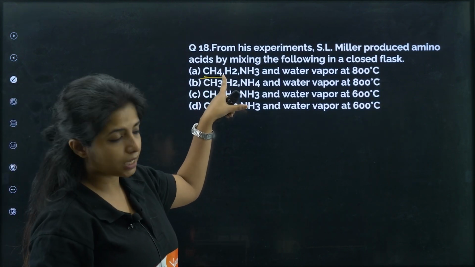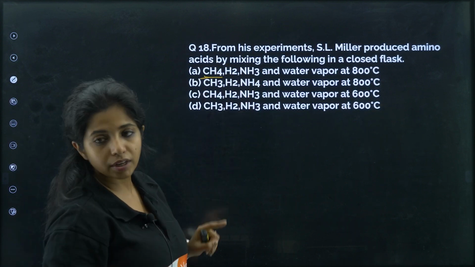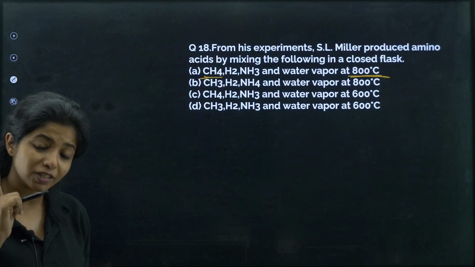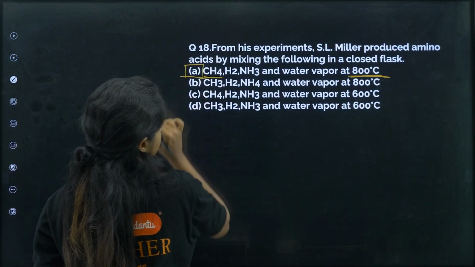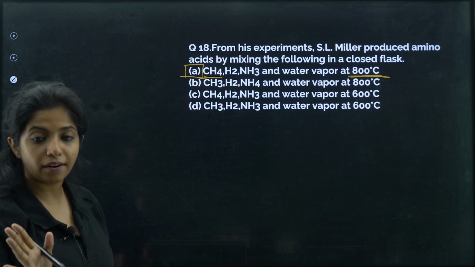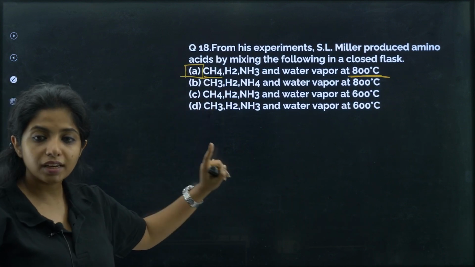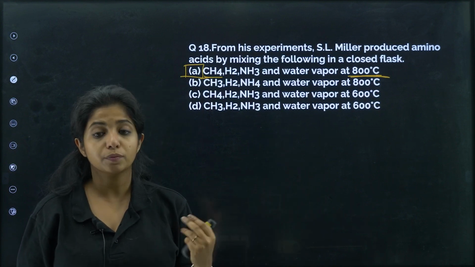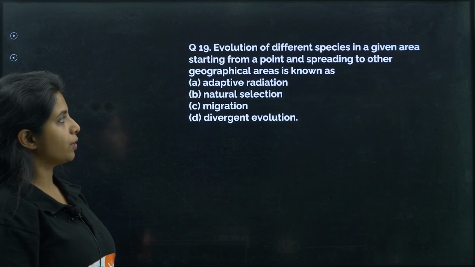CH4 is methane, NH3 is ammonia, water vapor, H2 is hydrogen, and the temperature is 800 degrees Celsius. 800 degrees Celsius was the temperature at which he worked. So this becomes your answer. It was not 600, it was 800, and this is CH4. Don't go and write CH3 or NH4 there. It's very much important. CH4, that is methane, and ammonia. So many times this question has come.